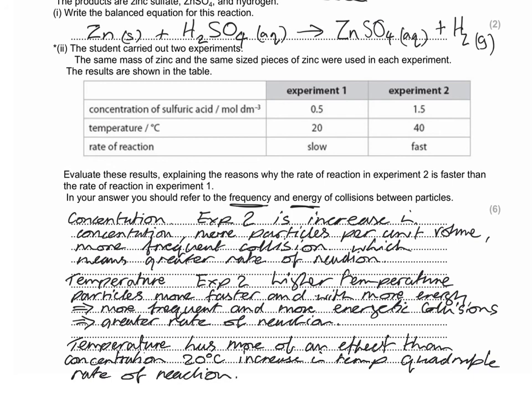So I think what I've done there is I've explained that both the concentration and the temperature are going to result in a faster rate of reaction, but the temperature has more of an effect because I get this double whammy of particles colliding more frequently and with more energy with temperature.